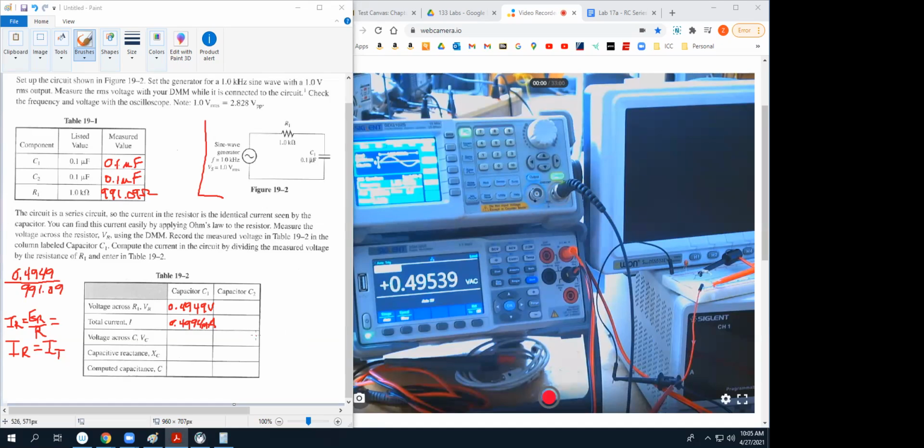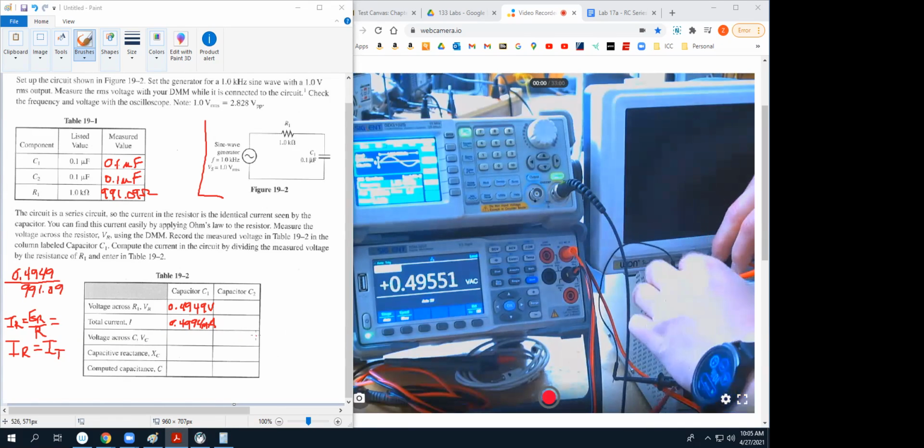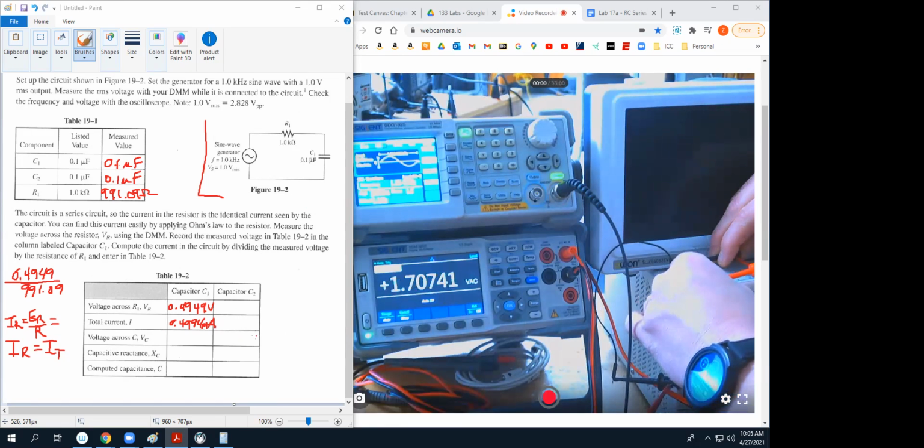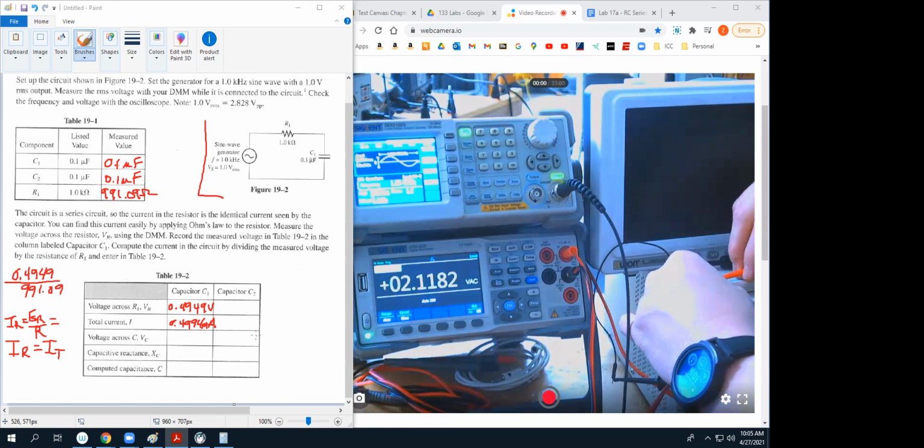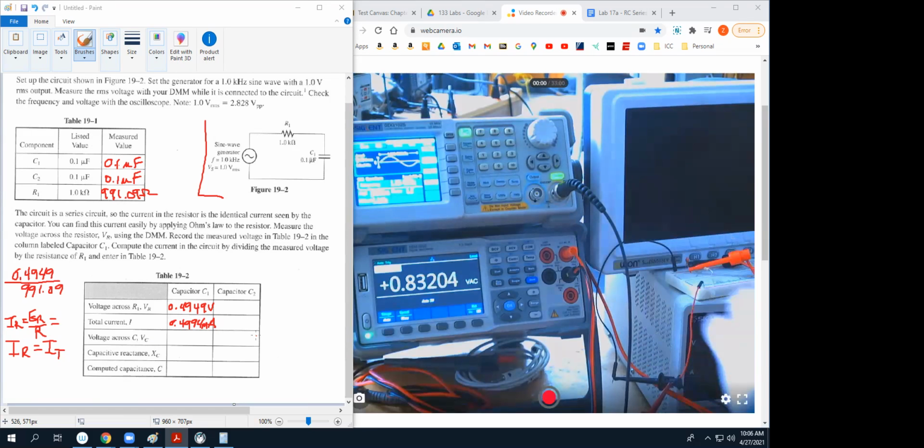So measure the voltage across the capacitor. I'm getting 0.8307 volts.